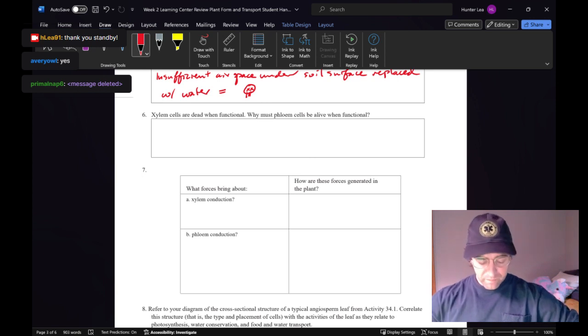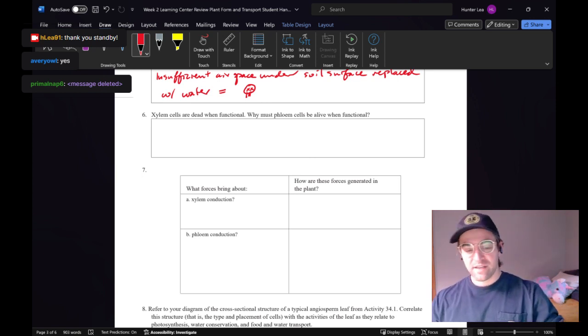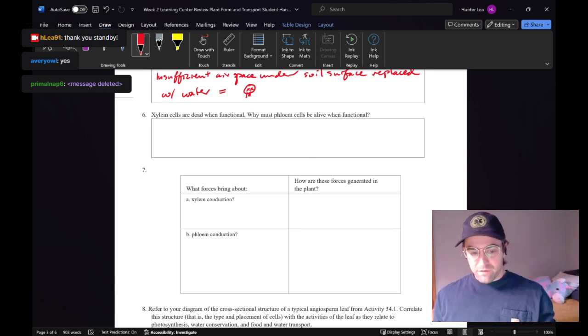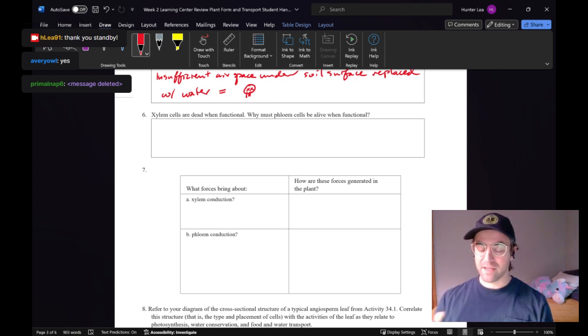Phloem is involved with the flow of nutrients. Phloem is moving nutrients against their concentration gradients. It's capable of loading sugars against a concentration gradient. And to do this, they must have semi-permeable membranes and must expend ATP. So as a result, they must be alive.